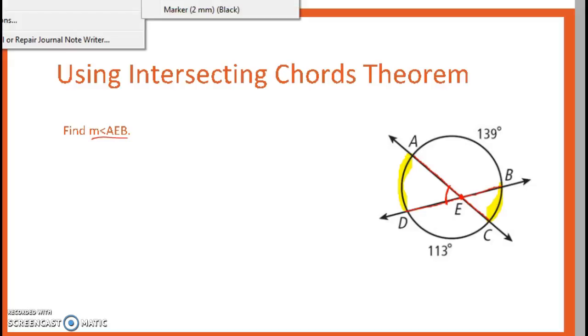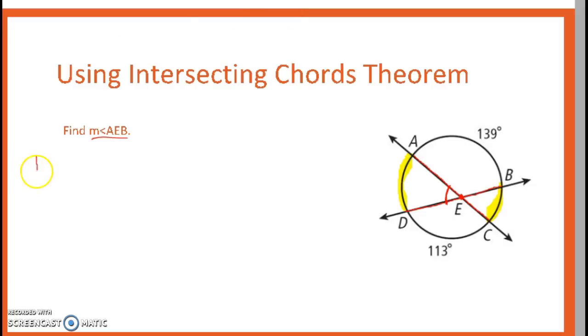So let me write that out. I can say the measure of angle AEB is equal to 1/2 times those two arc measures added together. The measure of arc AD plus the measure of arc BC. And so let's plug this in. Now, we want to be careful here.